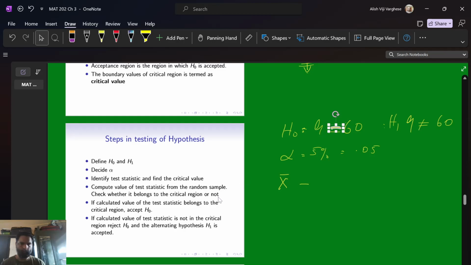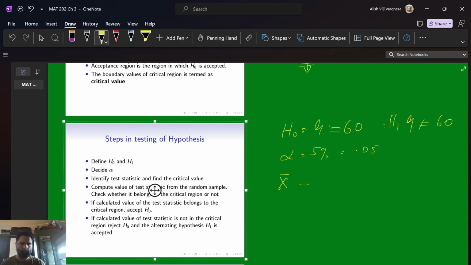And now compute the value of the test statistic from the random sample and check whether it belongs to the critical region or not. So remember one thing, before even starting to collect the sample, we fix our null hypothesis, alternative hypothesis and the level of significance.